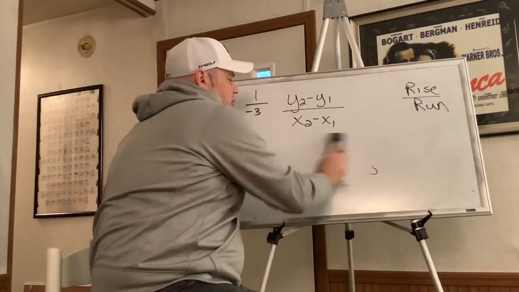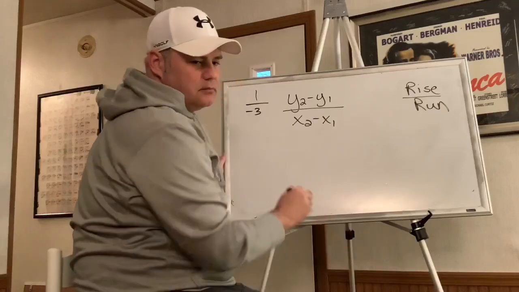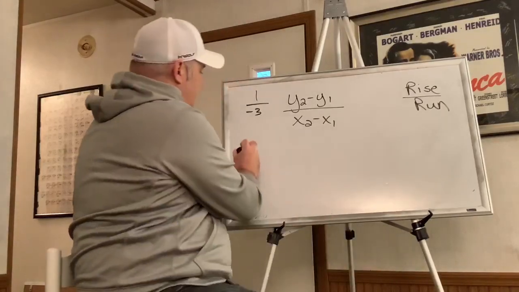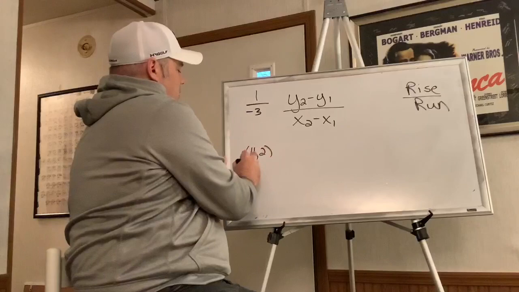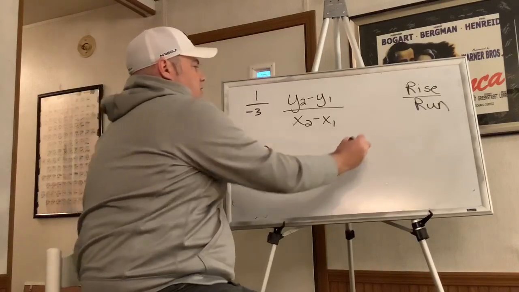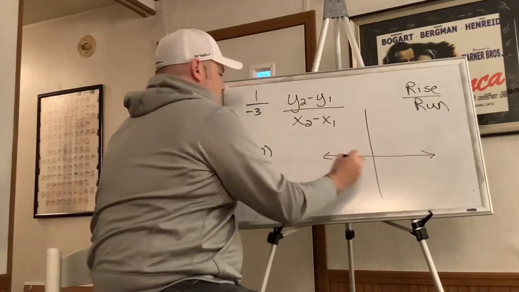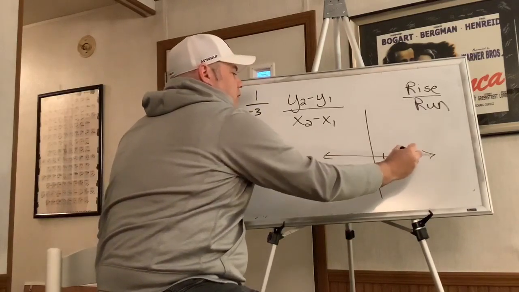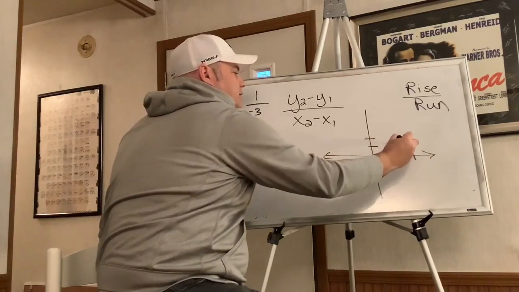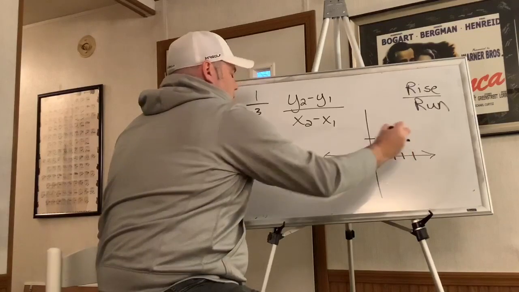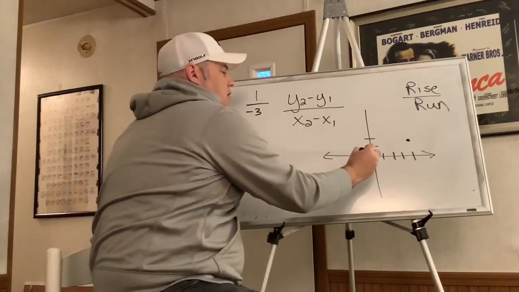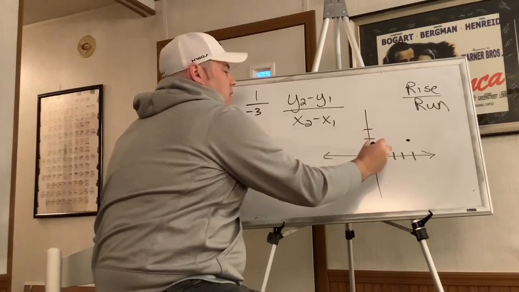So let's graph these 2 points. Those 2 points again were 4, 2 and 1, 3. And so let's make a quick graph. 1, 2, 3, 4. 1, 2. So 4, 2 is right here. And 1, 3 is 1, 3.